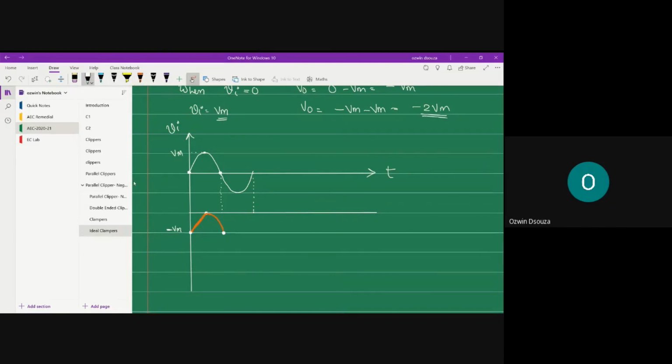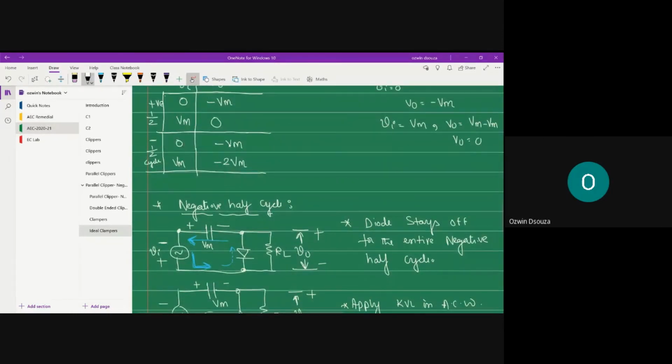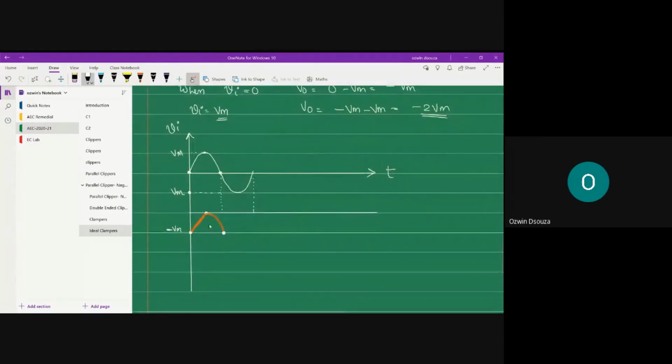Similarly, in the negative half cycle, this is the negative peak. When the input is 0, output once again becomes minus Vm. And when the input becomes Vm in the negative direction, the output becomes minus 2 Vm.